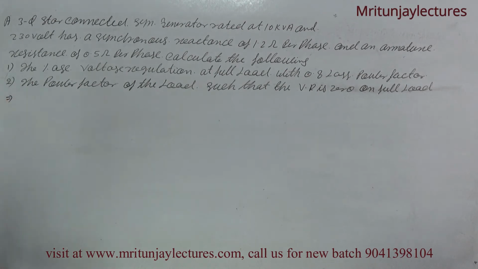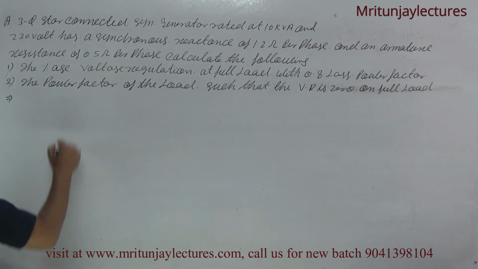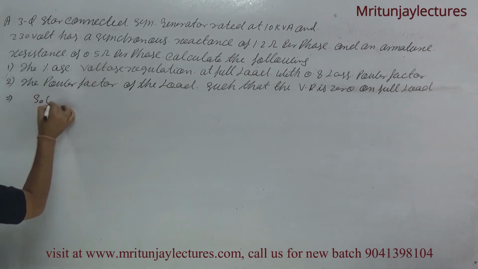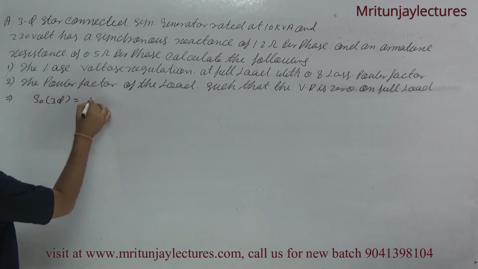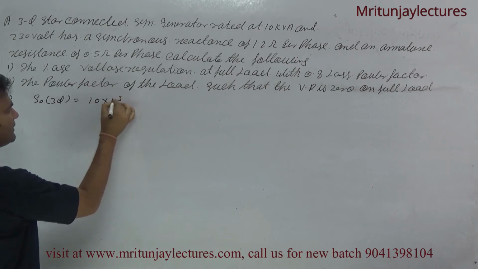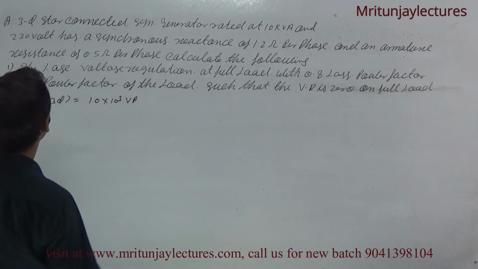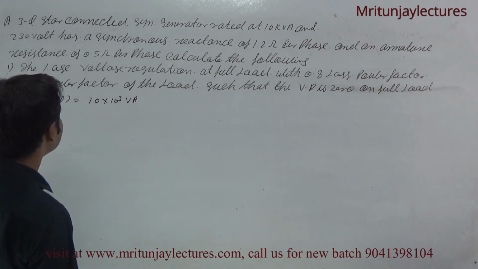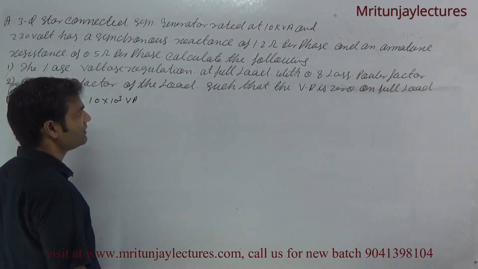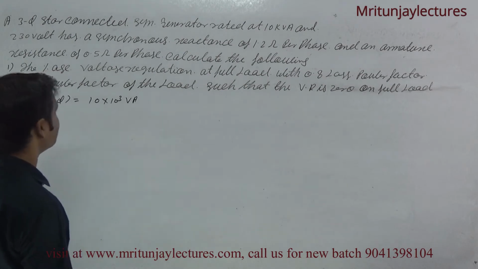Now the corresponding question: a three-phase star-connected synchronous generator rated 10 kVA, that is 10 to power 3 VA, and 230 volt, has a synchronous reactance and armature resistance of 0.5.